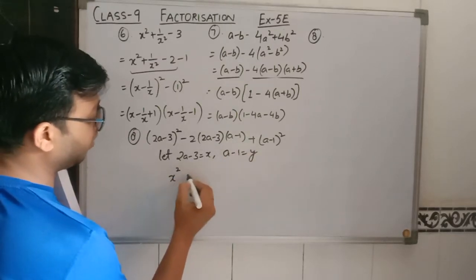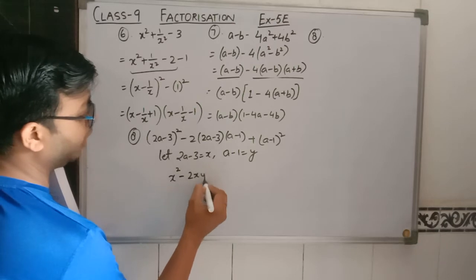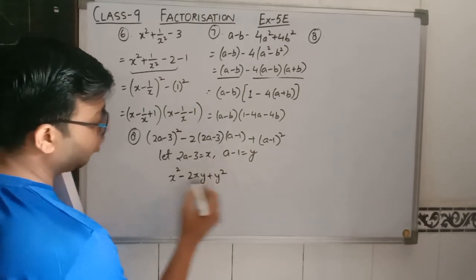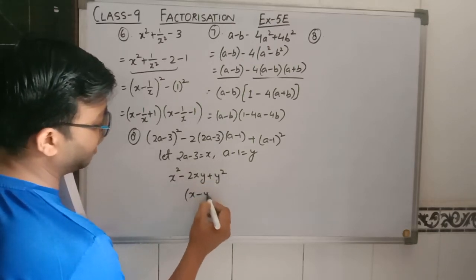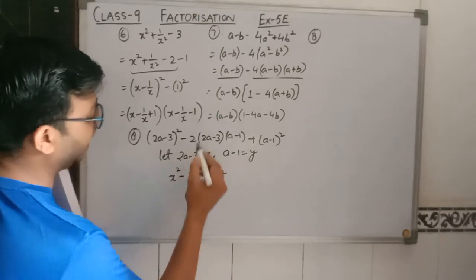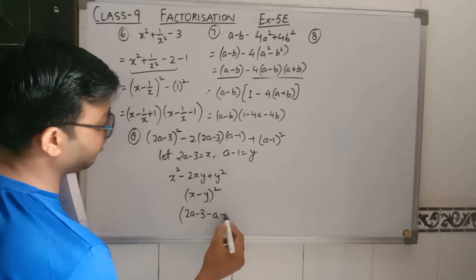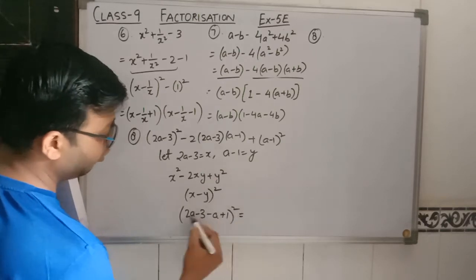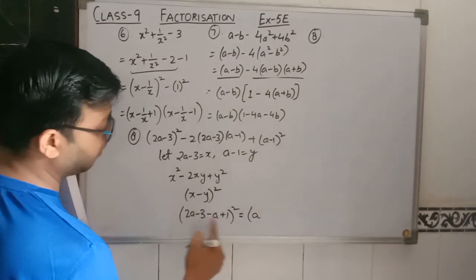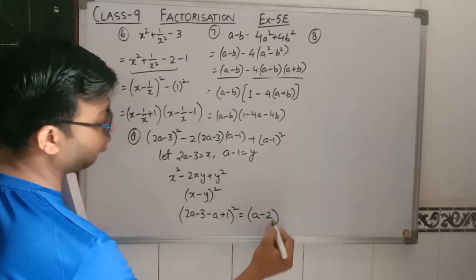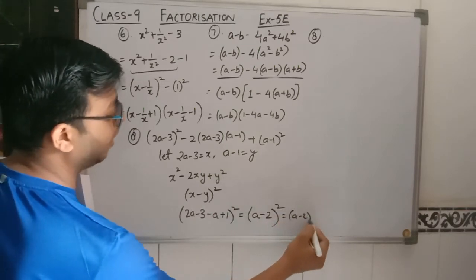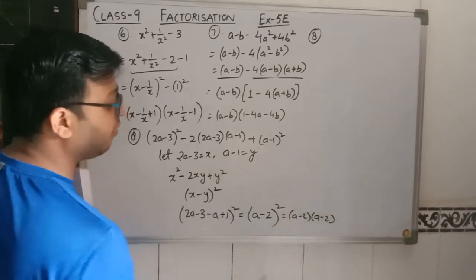The question will become x square minus 2xy plus y square. This can be written as x minus y to the whole square, and applying the values, 2a minus 3 minus a plus 1 to the whole square. So 2a minus a will become a, and minus 3 plus 1 will become minus 2, whole square. So a minus 2 and a minus 2. This will be the final answer.